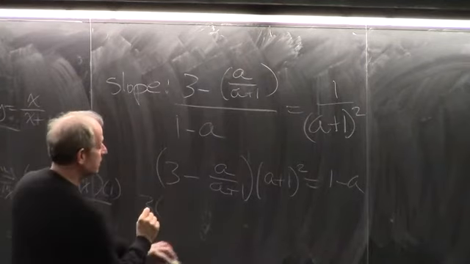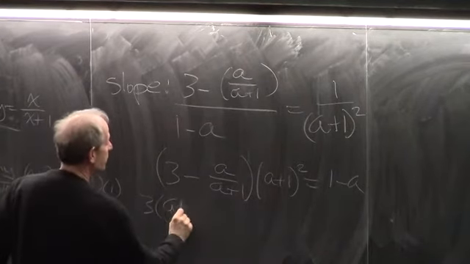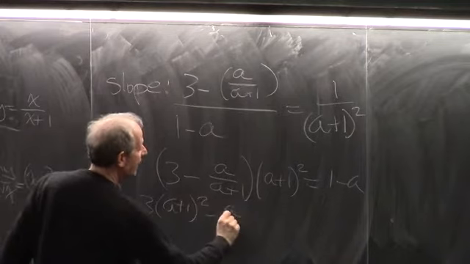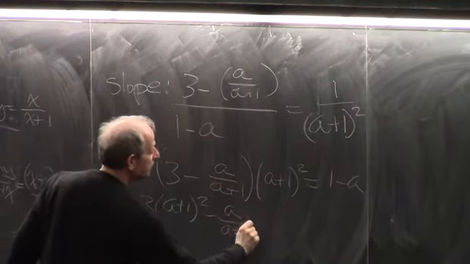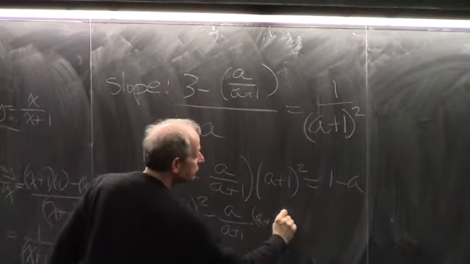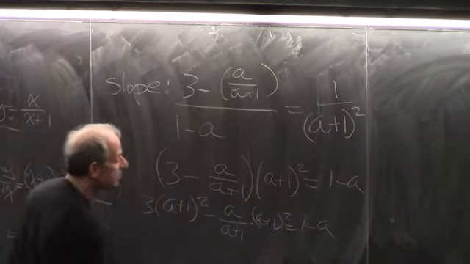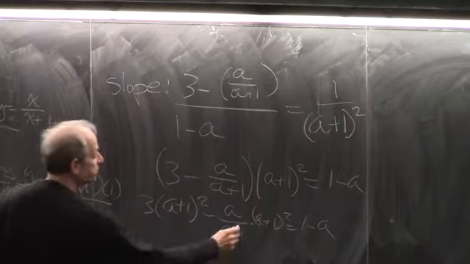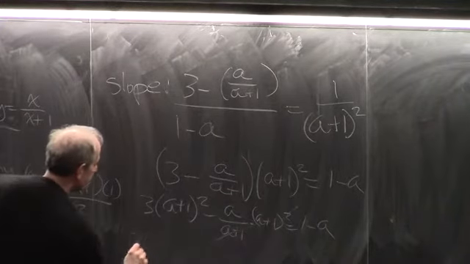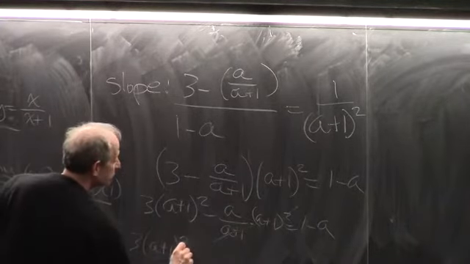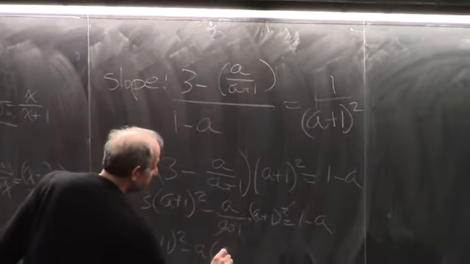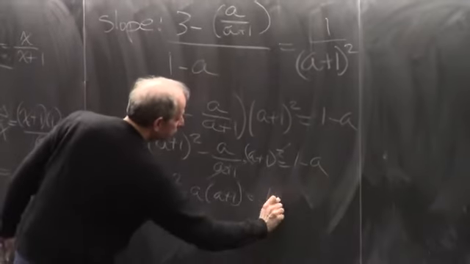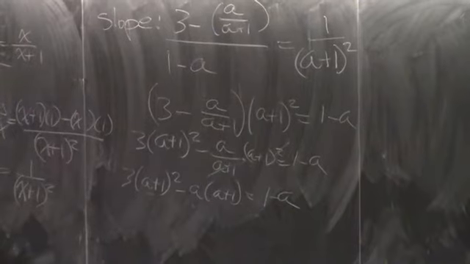You get 3 times a plus 1 squared minus a over a plus 1 times a plus 1 squared equals 1 minus a. You're like, oh my God, this keeps going. Well, these a plus 1's cancel, and you get 3 times a plus 1 squared minus a times a plus 1 equals 1 minus a. So again, this is now just algebra.